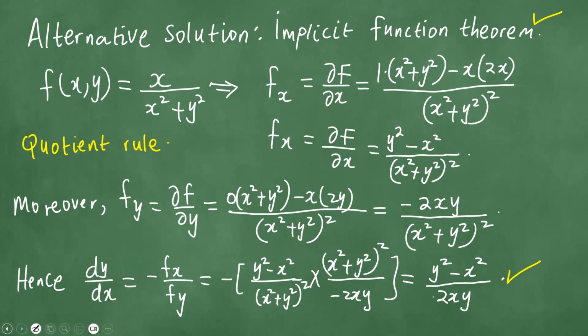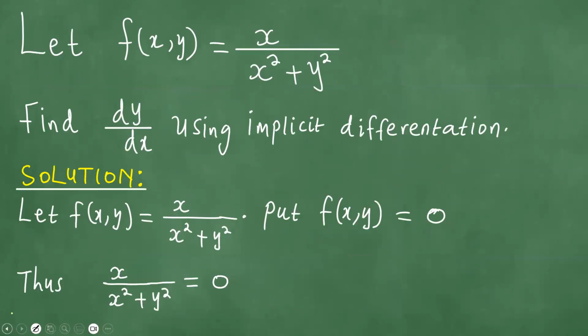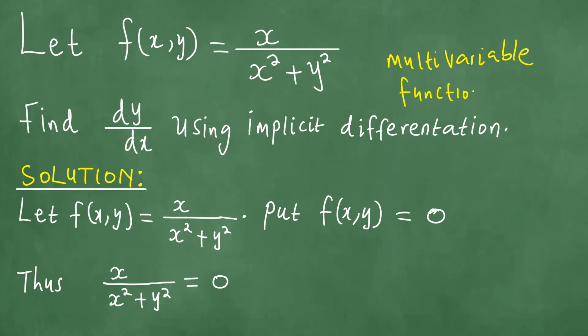In view of what we had to do in the beginning, we had to find dy/dx by using implicit differentiation. This kind of function we're dealing with is called a multivariable function, because it has two variables.